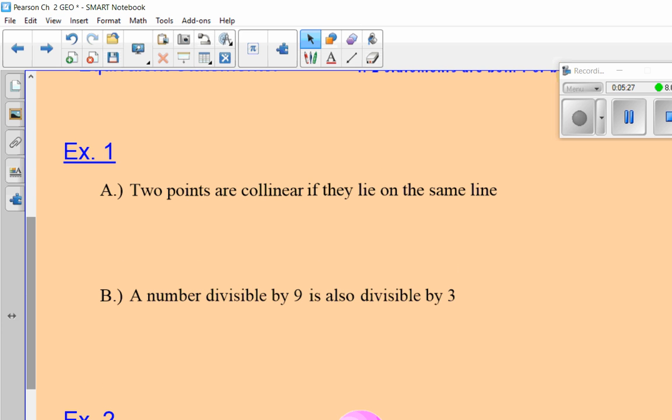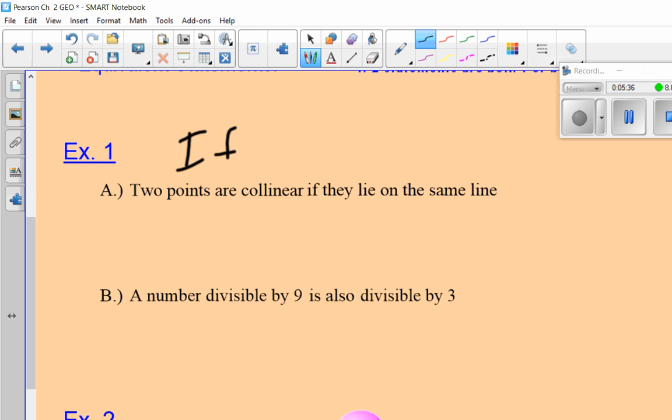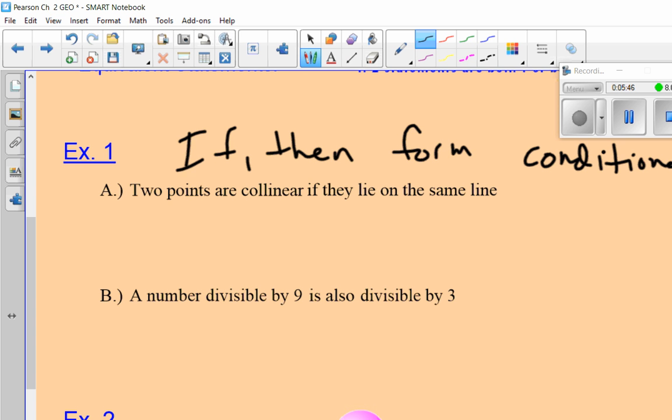What we're going to do here is take a couple of statements and put them in if-then form. We're going to write a conditional statement.